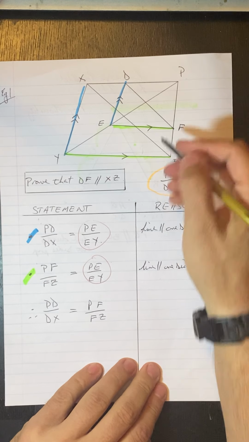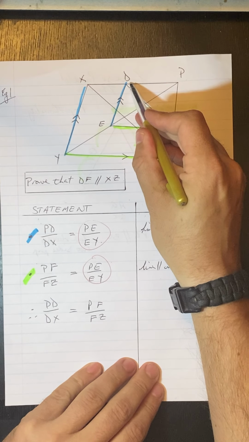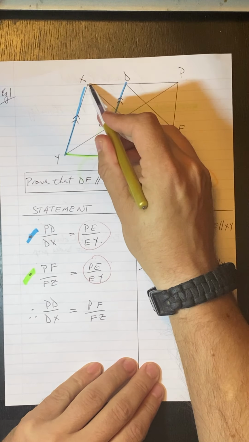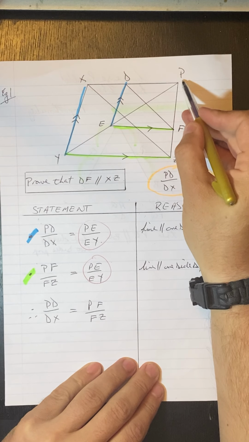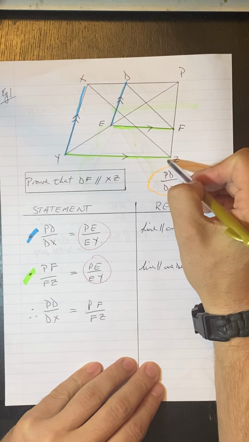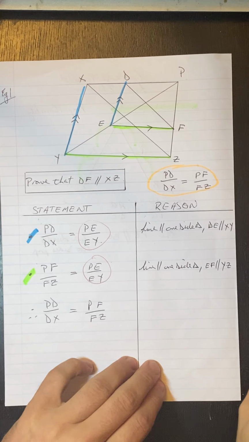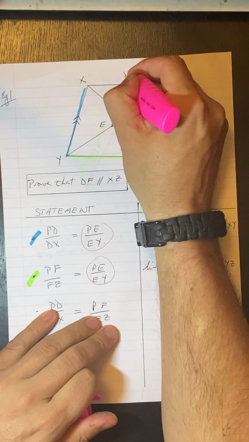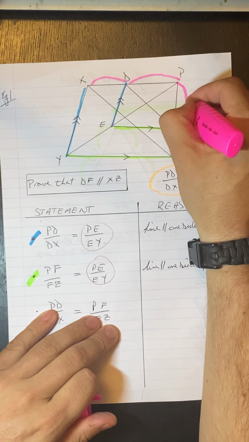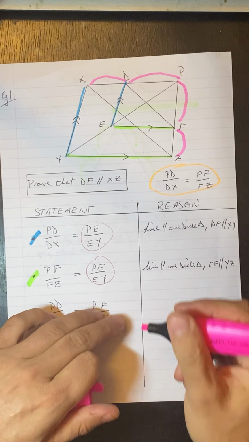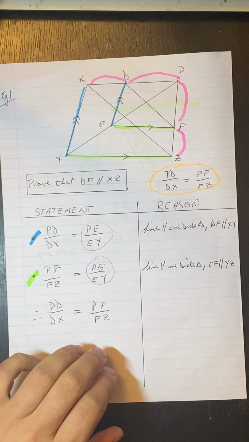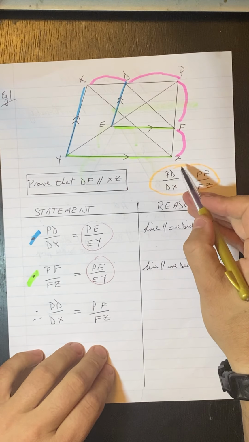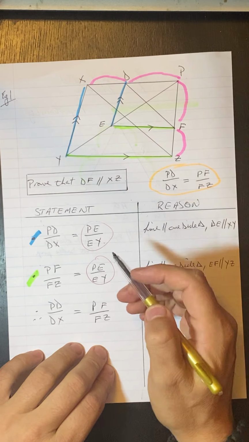Maybe I should put some little hops in there so you can see what's going on: that to that is equal to that to that. Because we have that, and I'm working in this triangle PXZ, these must now be parallel.